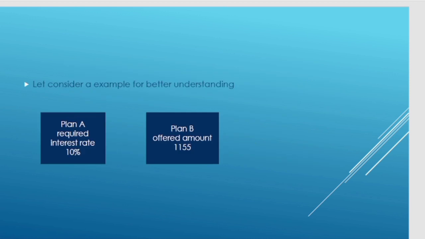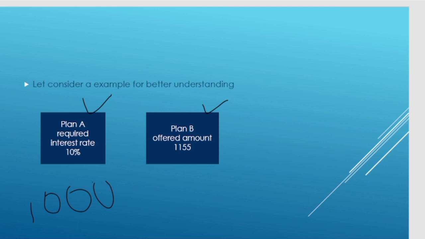You can calculate by taking an example how a firm or individual chooses whether to invest in plan A or plan B. Let's say you have two opportunities. Plan A is your savings account, which gives you 10% rate of return, and plan B is a security that gives you 1155 rupees after 1 year. If you have 1000 rupees and invest in plan B, after 1 year you receive 1155 rupees.